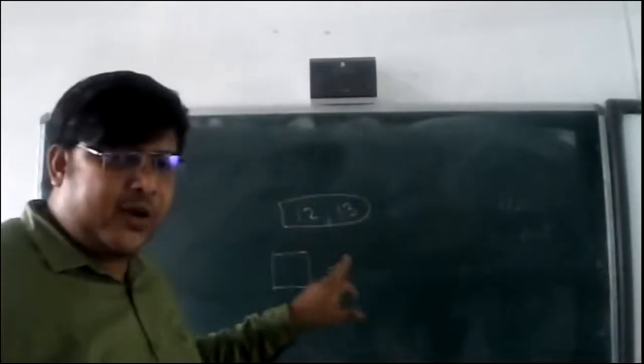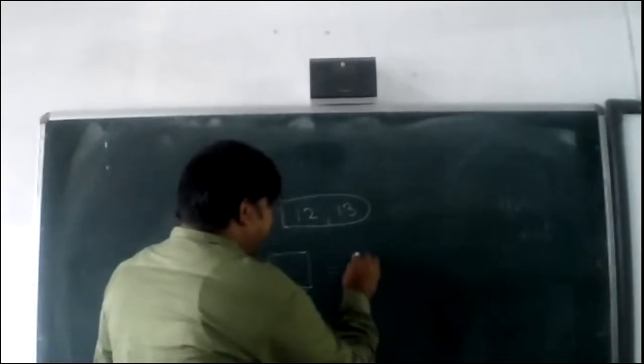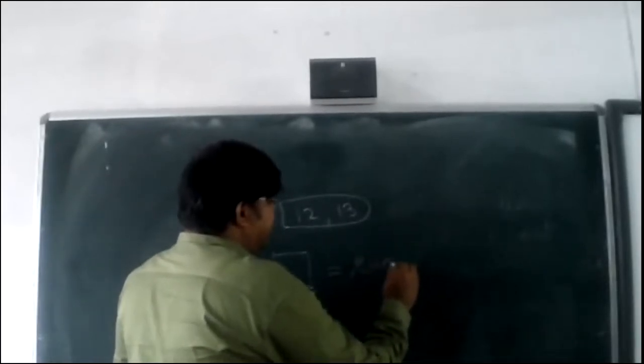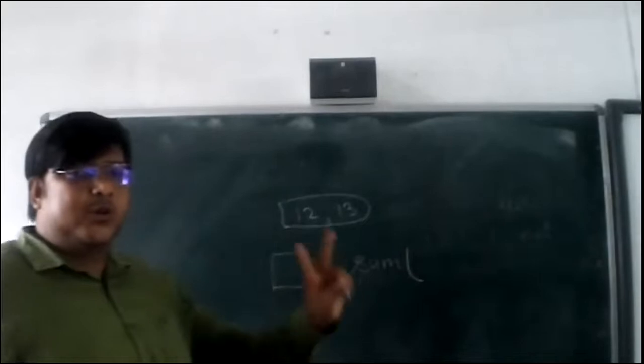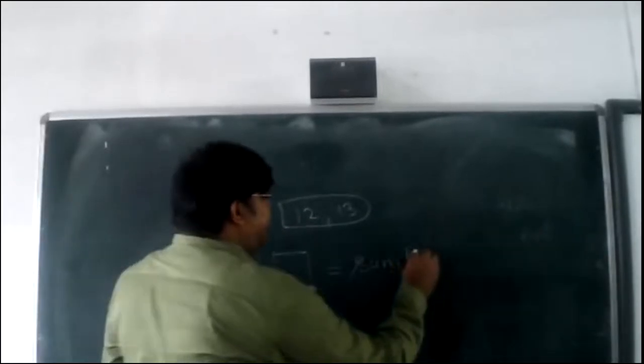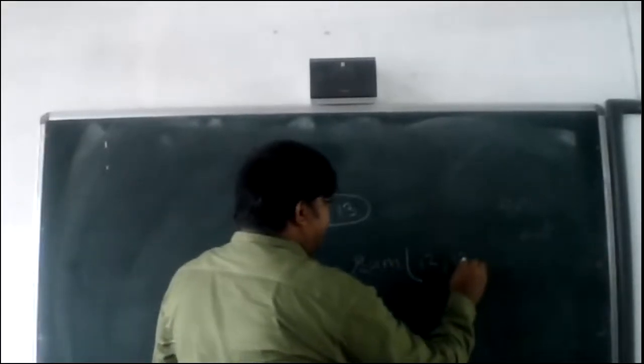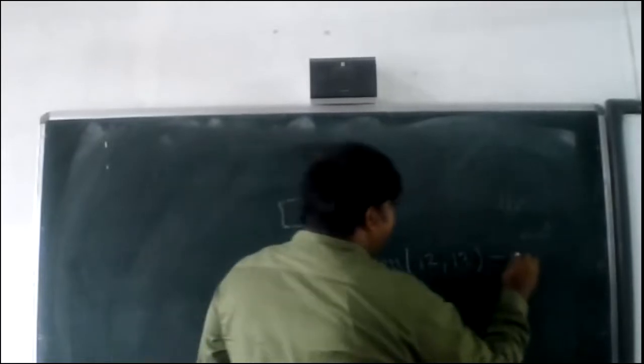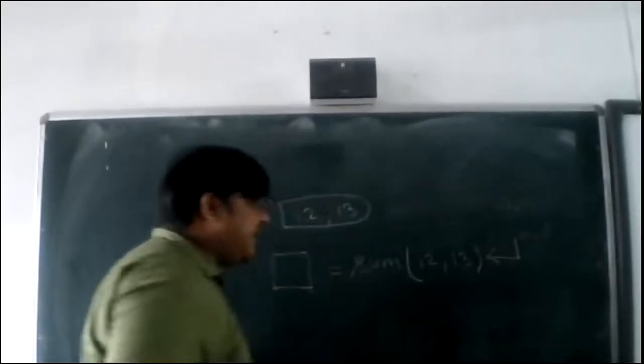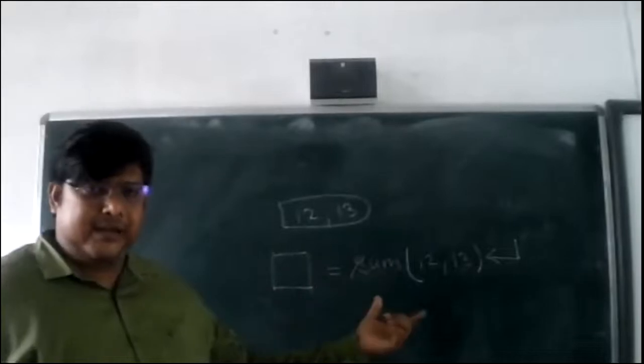So we will write the equal sign and then sum. If we have two values, I will write first value, comma, second value, and I will press the Enter key. Then it will find the sum.